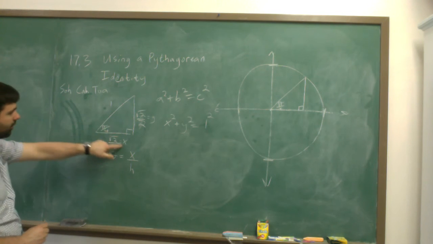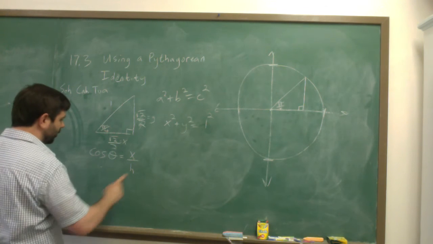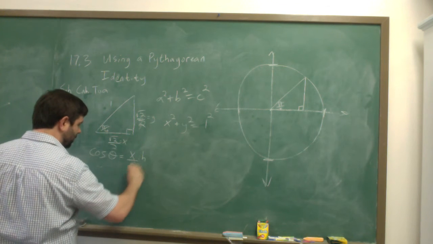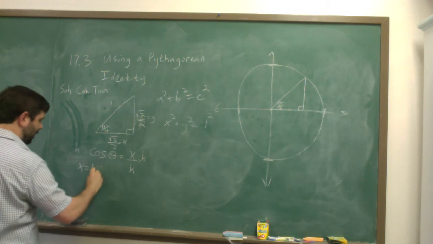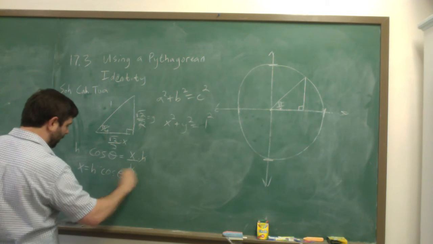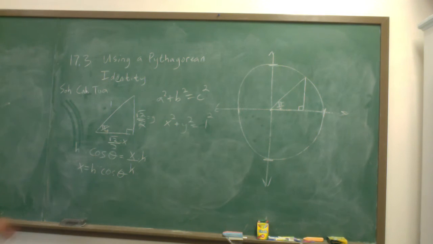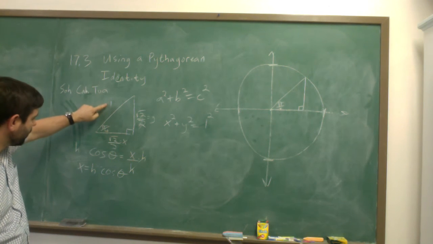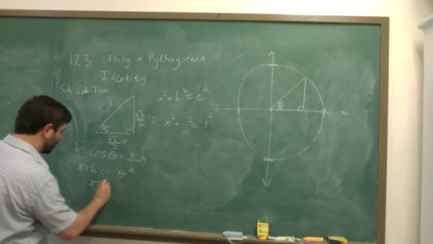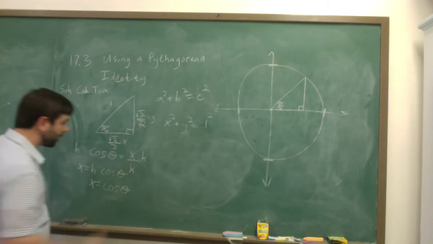If we multiply by h, we get x equals h times the cosine of theta. On the unit circle, the hypotenuse is just 1, so x equals cosine theta.